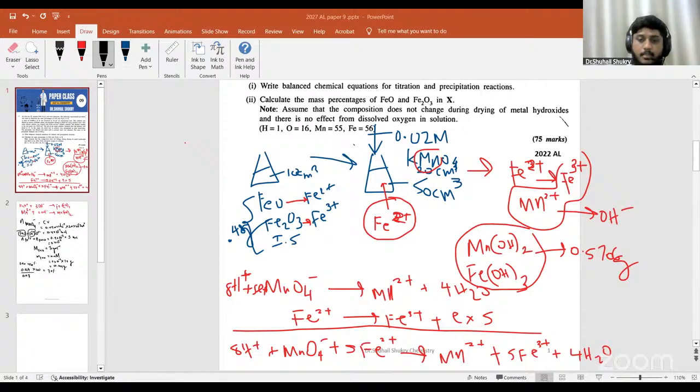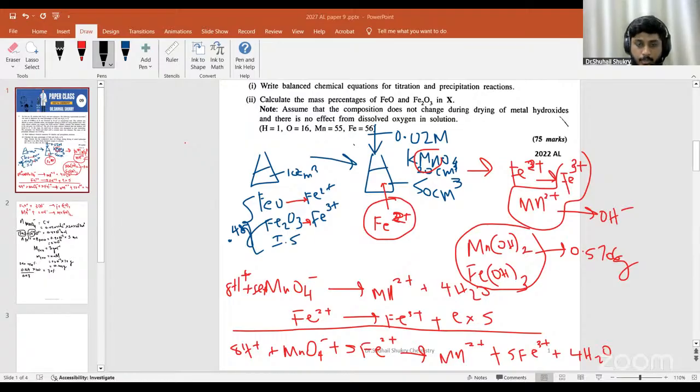Now, what you have to do? You also know the Mn2+ moles, whatever Mn2+ moles are available, and also the converted Fe2+. If you know those two masses, then you can find the mass of Fe(OH)3.